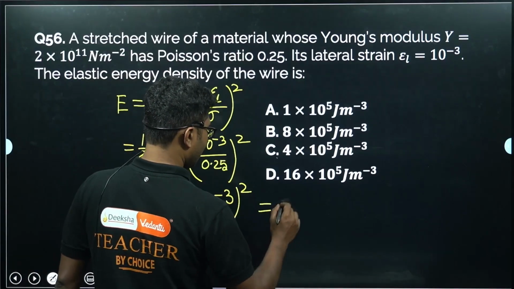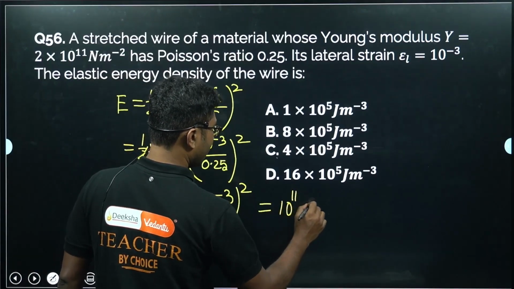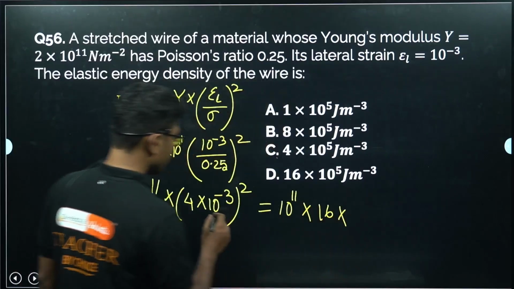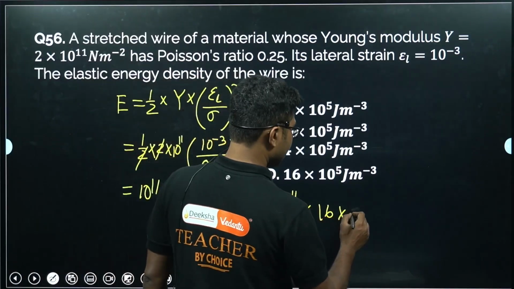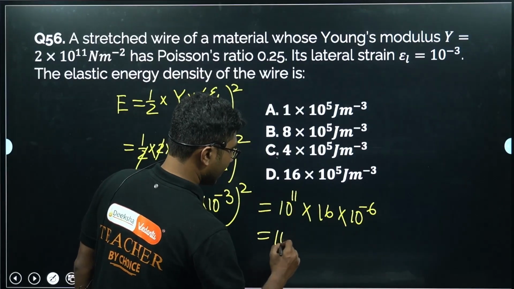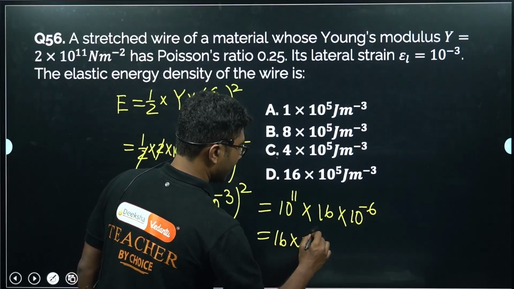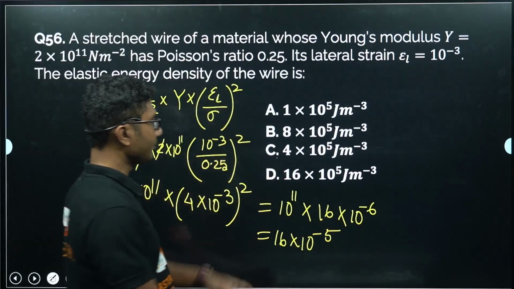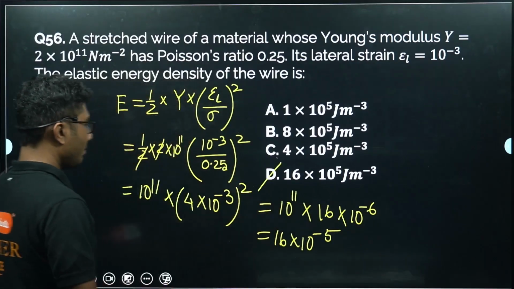So it will become 10 to the power of 11 times square of 4 is 16 times square of 10 to the power minus 3 is 10 to the power of minus 6. So the answer will be 16 times 10 to the power of 5 SI units. Okay, so 16 times 10 to the power 5 joule per meter cube.